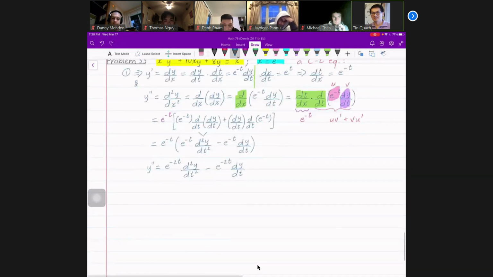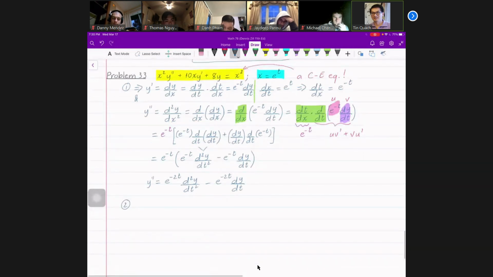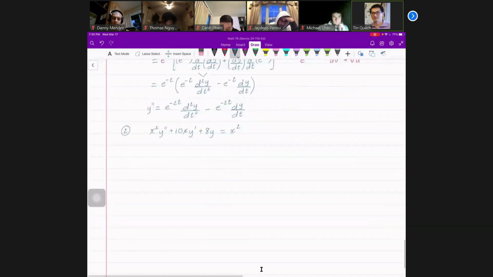So the second step is to make your substitution. So your differential equation is x squared y double prime plus 10x y prime plus 8y equals x squared, right? Okay, now let's make the substitution. So x is e to the t.